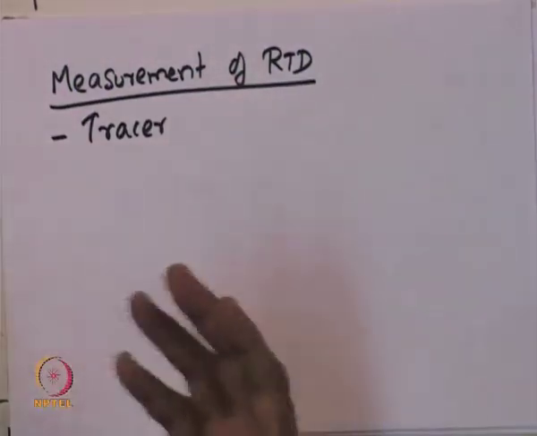So, suppose there is a reactor, and a fluid stream is flowing through this reactor, which is actually participating in a certain reaction, getting consumed to form products. Now, in order to detect whether the reactor is ideal or non-ideal, we need to know the residence time distribution, and the way to do that is basically to use a tracer.